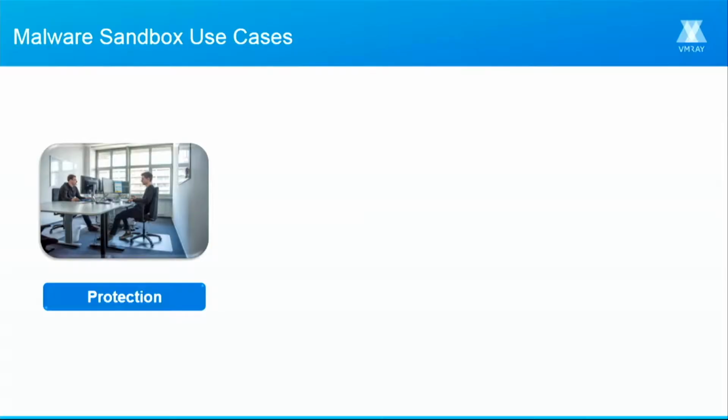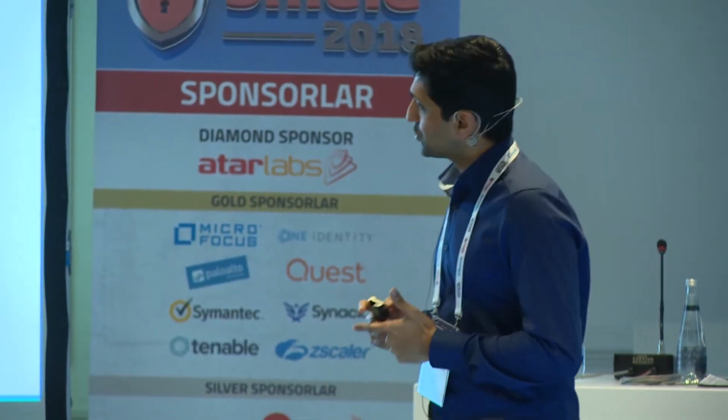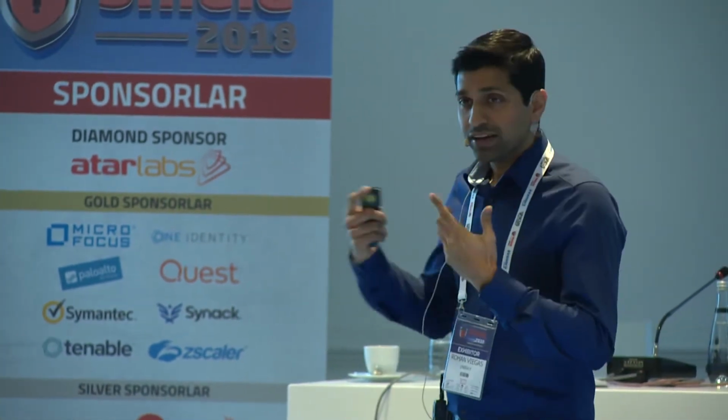The second team or the second use case for a sandbox is incident response, right? So if your organization is breached by malware, you have a very dedicated team called the incident response team that is responding to the incident. So this team is trying to limit the damage that's caused by the malware, and it's also trying to prevent this damage occurring in the future again.